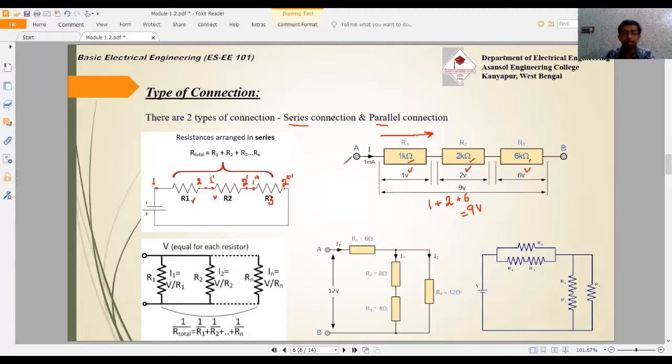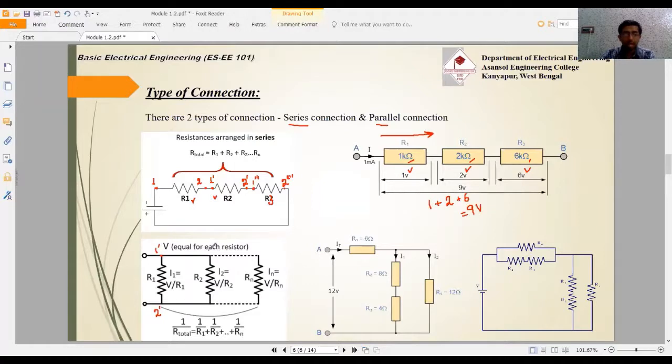What is a parallel type of connection? Here, a parallel type of connection means for each element, the voltage will always be constant. Like this, R1, this is your 1, this is your 2.